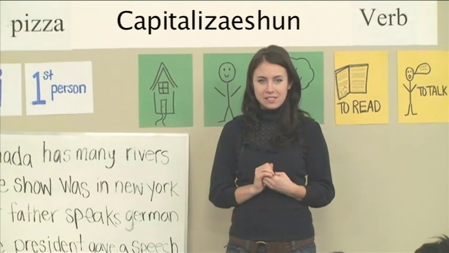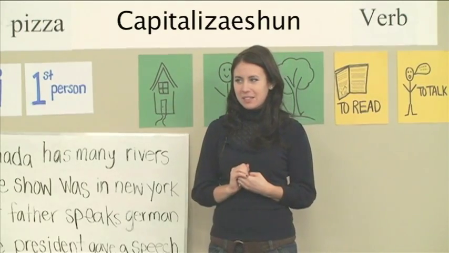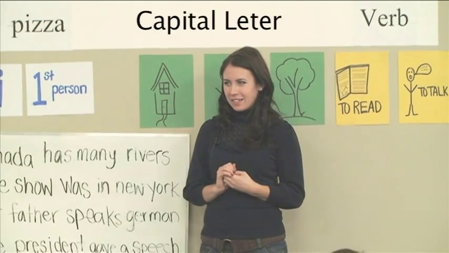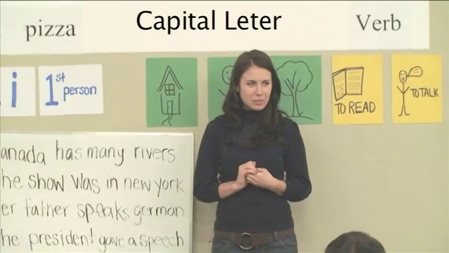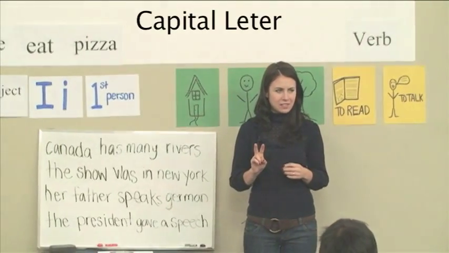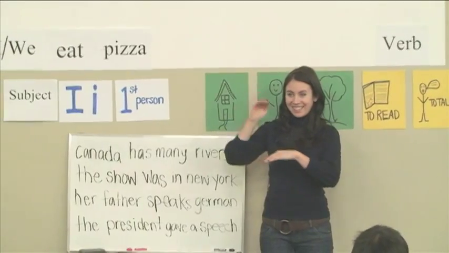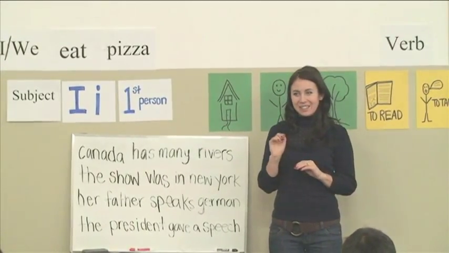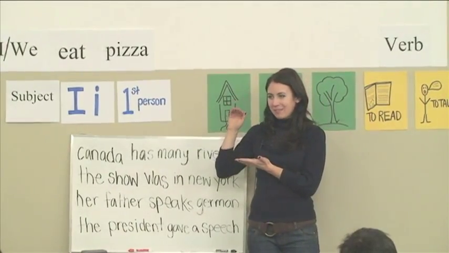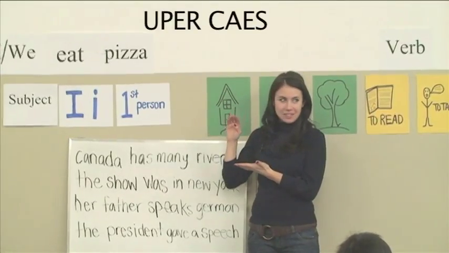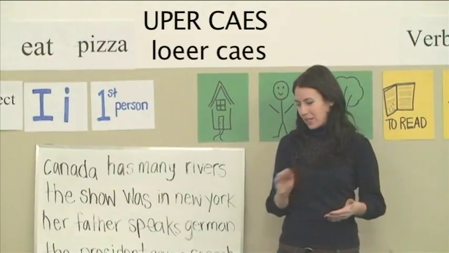Do you guys know what it means to have a capital letter? What types of letters are there? There's two types. There's big ones, and then there's little ones. Does anyone know what we call the big ones? They're uppercase letters, right? And then we have the lowercase letters.